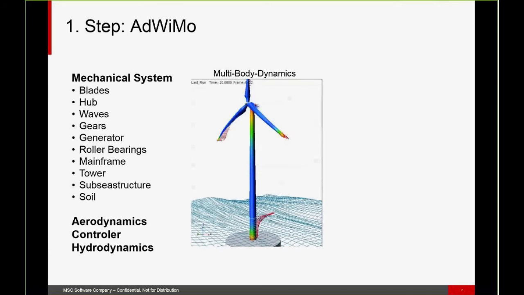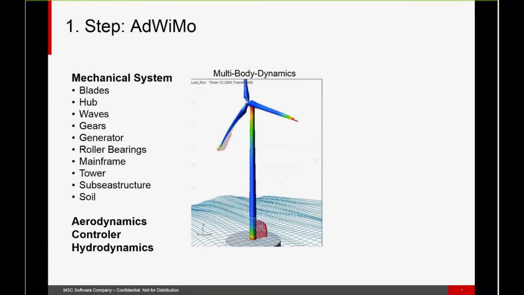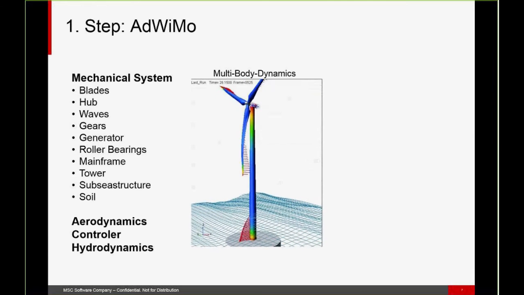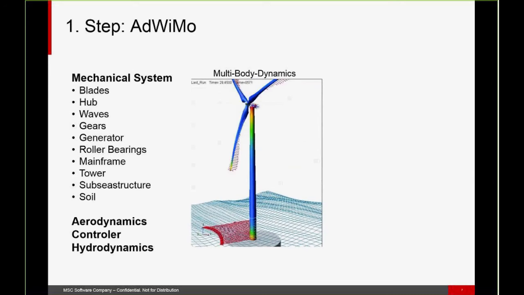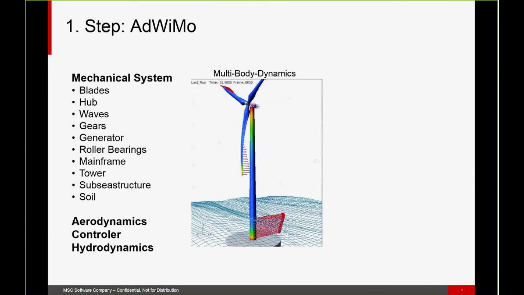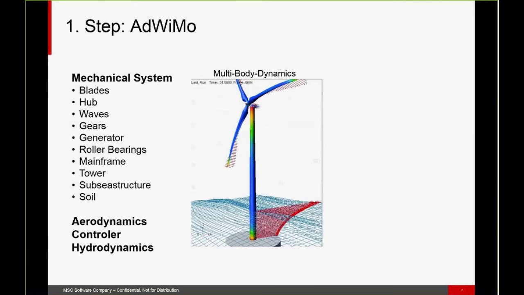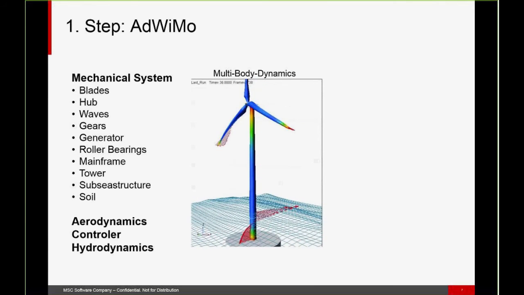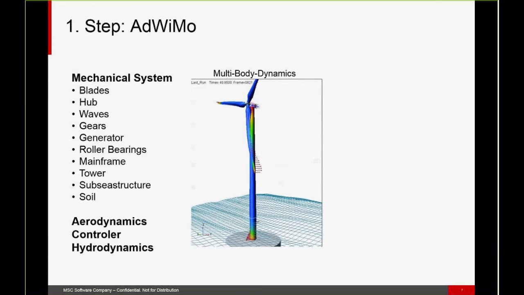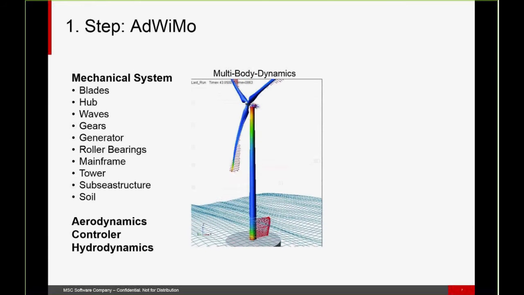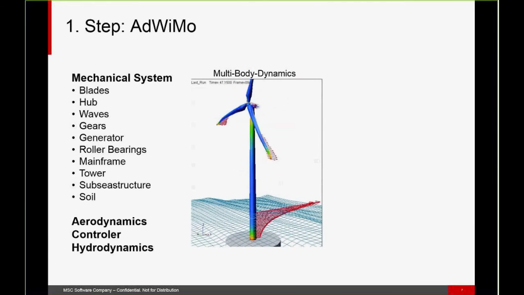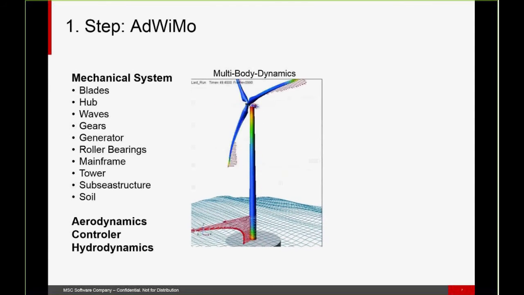We have the mainframe, we have the tower, we have the substructure, and we can have the soil to found the turbine in the ground. We cover also the aerodynamics, the controller, and the hydrodynamics. It's seen here as separate points because this is not a core competence of MSc. MSc is strong in all topics related to structural behavior. And for aerodynamics, we have got an open source code used, Aerodyn.